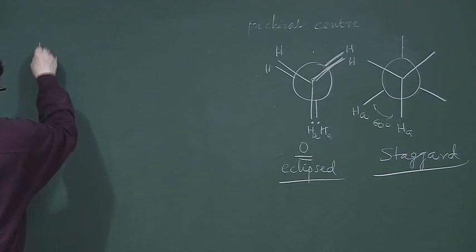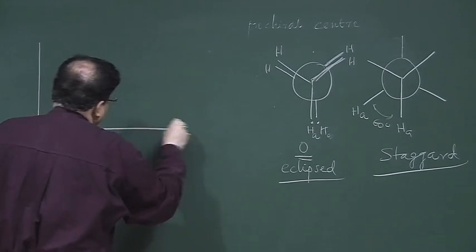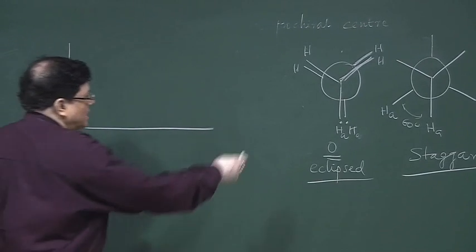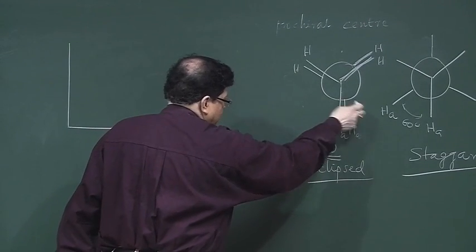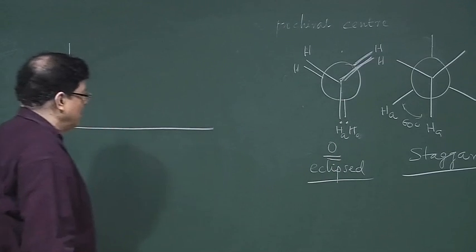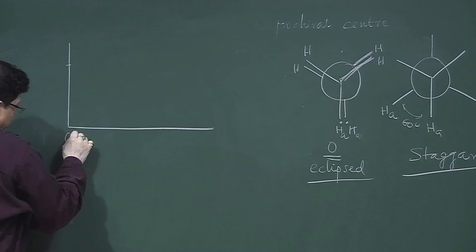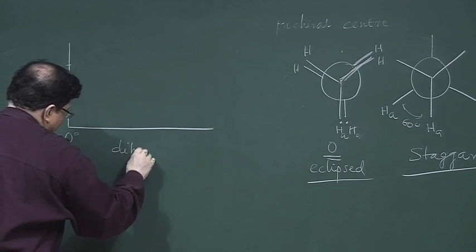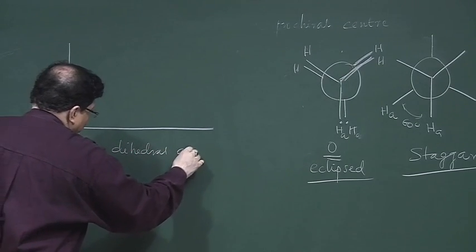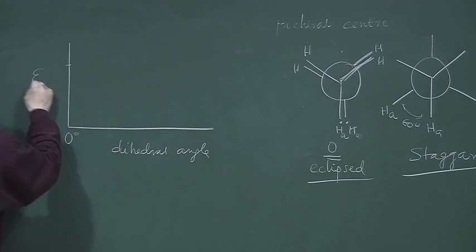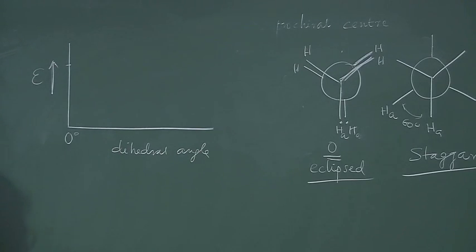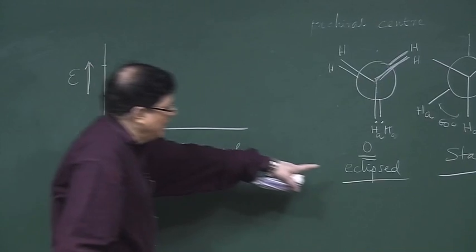an energy versus dihedral angle diagram, suppose we start from this eclipsed form. Here the dihedral angle is 0 degree. So, what will happen to the energy? The eclipsed form has the highest energy.